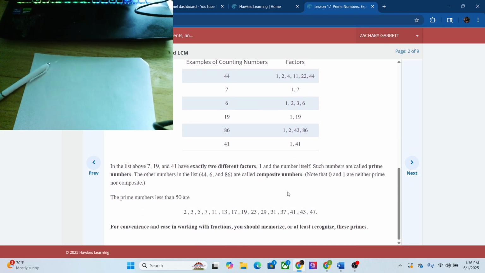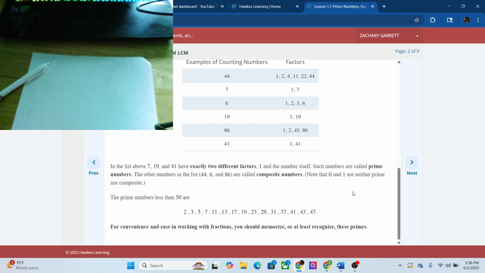In the list above, 7, 19, and 41 have exactly two different factors, 1 and the number itself. Such numbers are called prime numbers. The other numbers in the list, 44, 6, and 86, are called composite numbers. Note that 0 and 1 are neither prime nor composite.